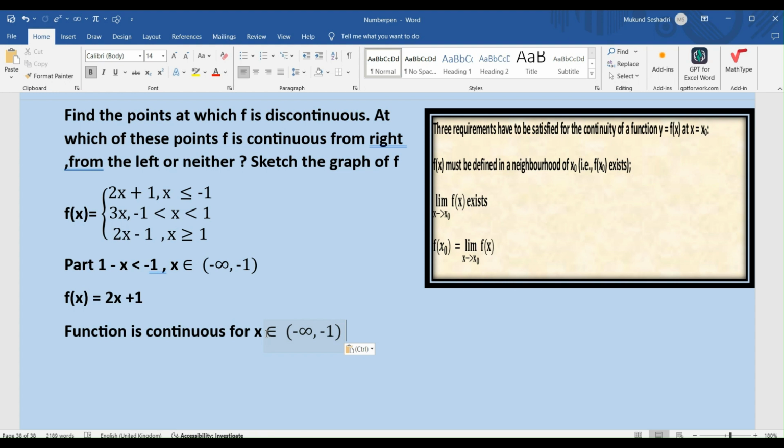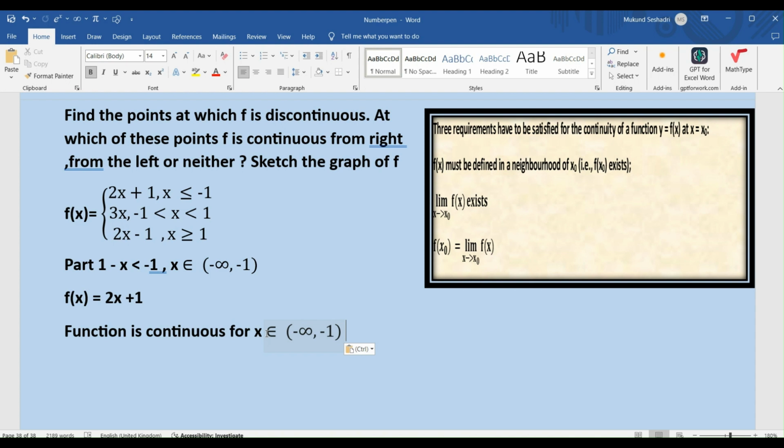So that is one point of importance. The other point of importance happens at 1, because as the function moves through 1, f of x moves from 3x to 2x minus 1. So these are 2 points which we will examine.